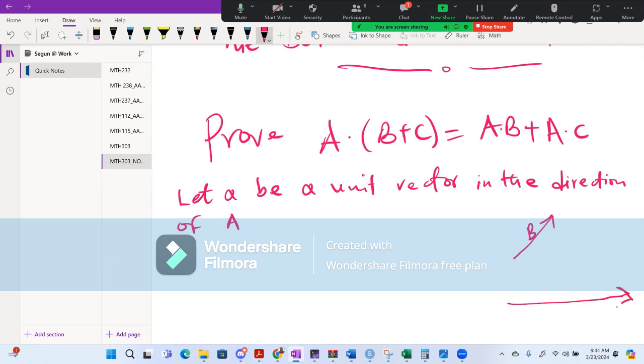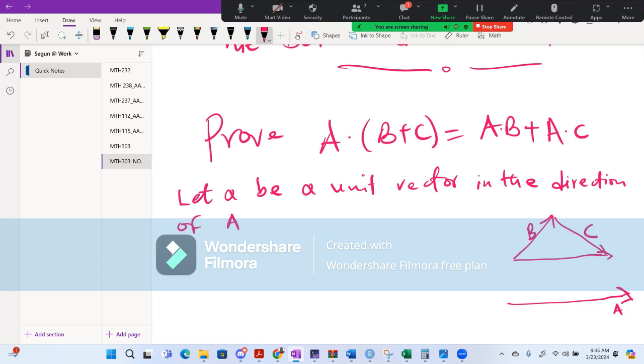Let this length be A. Then we have our B, a kind of triangle is here. They join this together. This arrow is moving towards this; we call this one C.